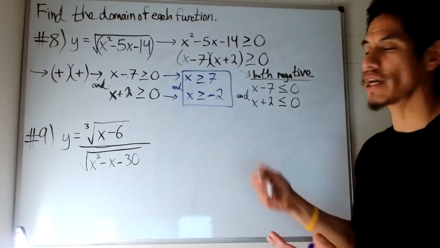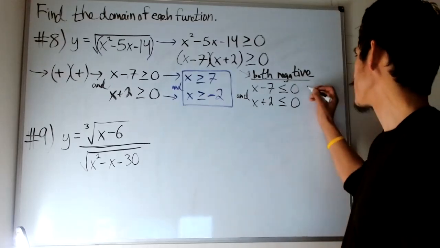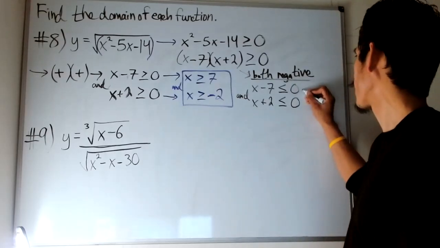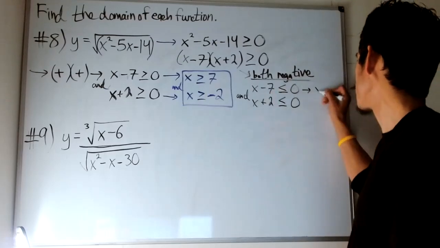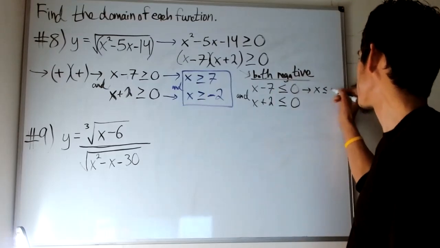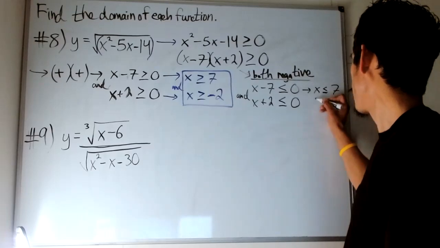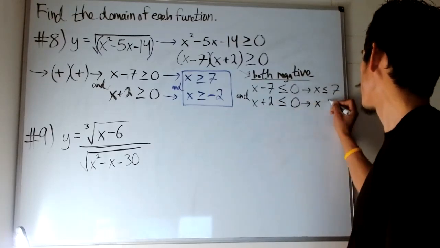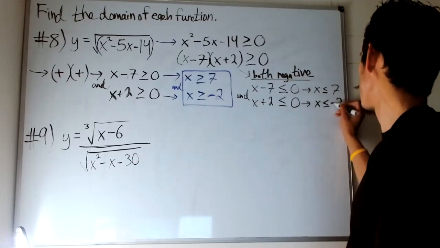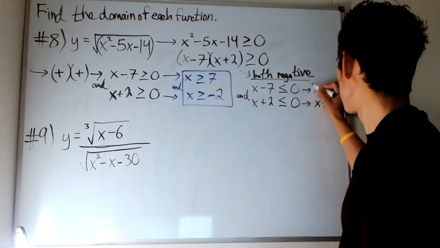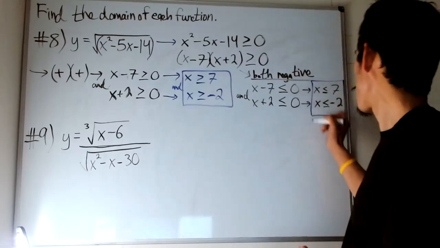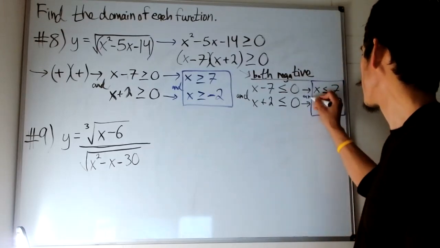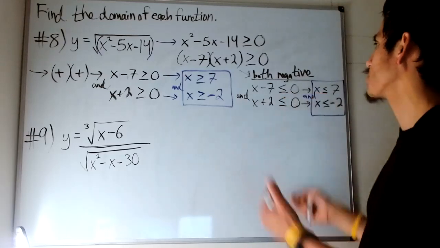So both of them have to work together again. So that means that x has to be less than or equal to 7, and x has to be less than or equal to negative 2. And so together it all has to work.